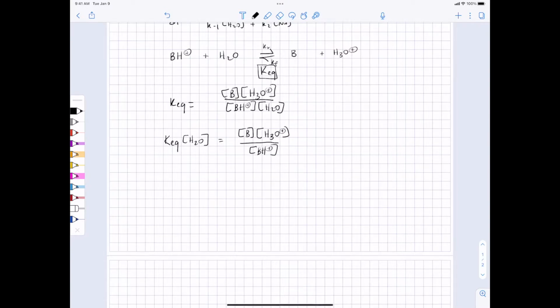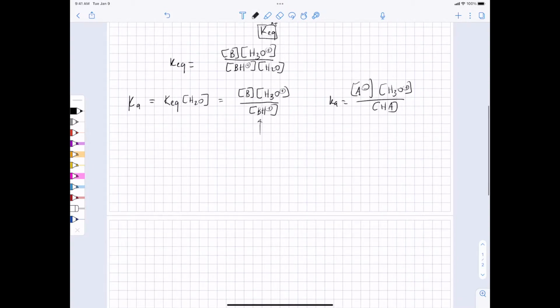This is now the acid dissociation constant Ka for this acid. You've seen this in more familiar ways: Ka equals the concentration of A minus times the concentration of H3O+ divided by the concentration of HA. Doing the same thing here, it's just a neutral conjugate base and a positively charged acid. So this is the Ka of the protonated alcohol.